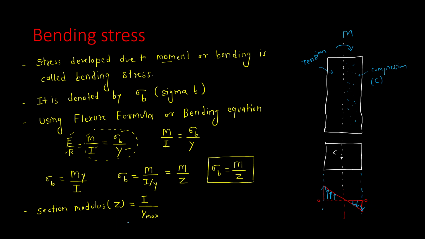And the value here is sigma b, and this is also sigma b. Only thing is that this value will be negative as it is opposite to the direction that we have assumed. We have assumed compression positive and tension negative. So now in the next class we will be combining these both things by doing the analysis of eccentric load.